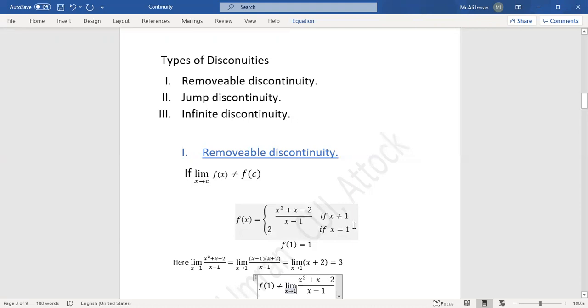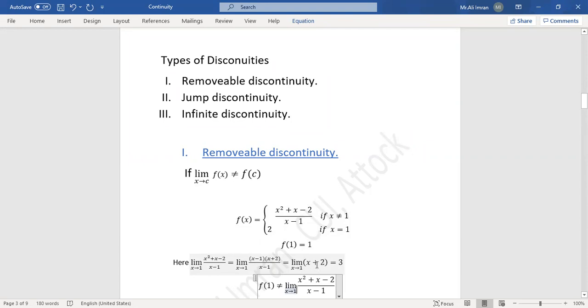From this question, we have the value of the function at x equal to 1 is 2. Second, we will check the limit as x approaches 1 of (x² + x - 2) divided by (x - 1). Factoring the numerator, that will be (x - 1)(x + 2), and cancelling the factor x - 1 from numerator and denominator, we will have the limit as x approaches 1 of x + 2.